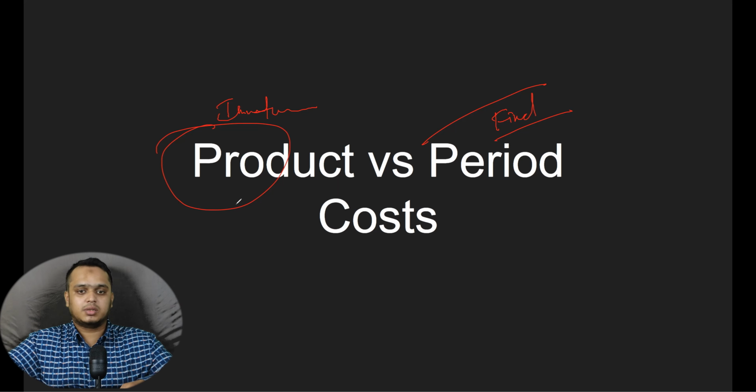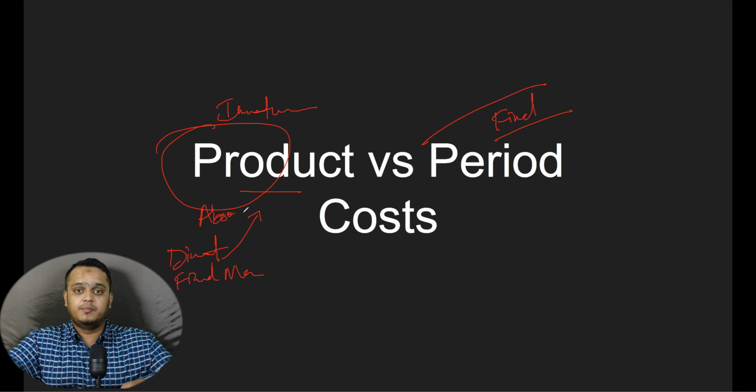Now, understand this. What all comes under the product cost? All direct cost directly related towards the product will be in the product cost. Then would be your direct, even your fixed manufacturing cost will be coming under the product, under the absorption method.